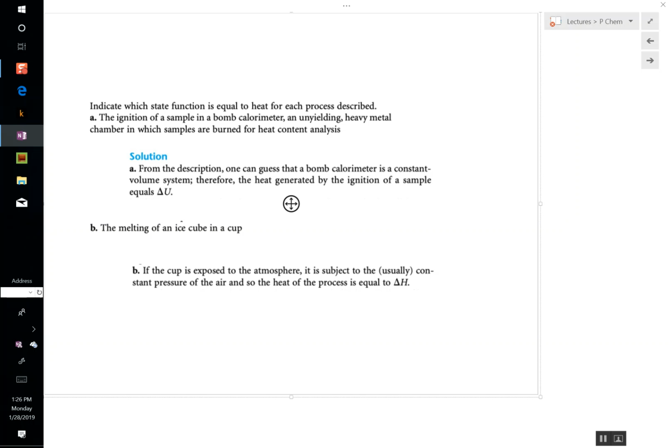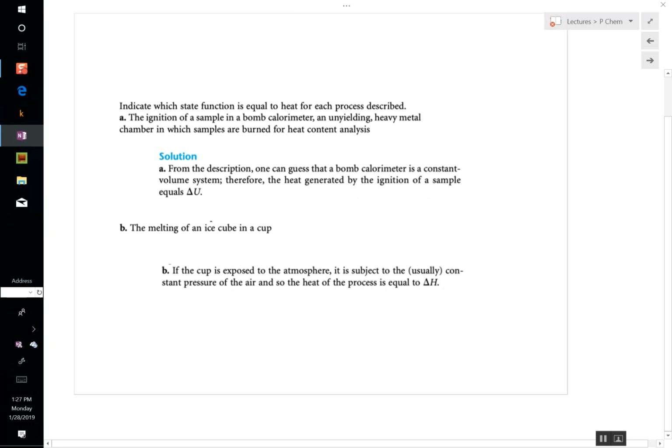Therefore, the heat generated by the ignition of the sample equals delta U. There's no change in volume, so the pressure-volume work is going to be 0. So delta U is going to be equal to Q, because work is equal to 0 as the volume is constant.